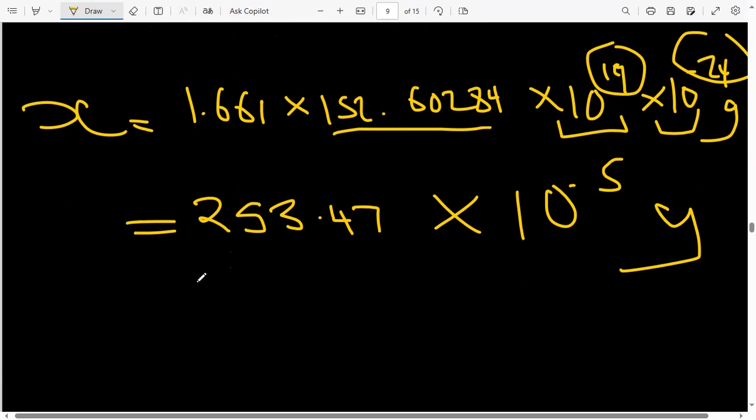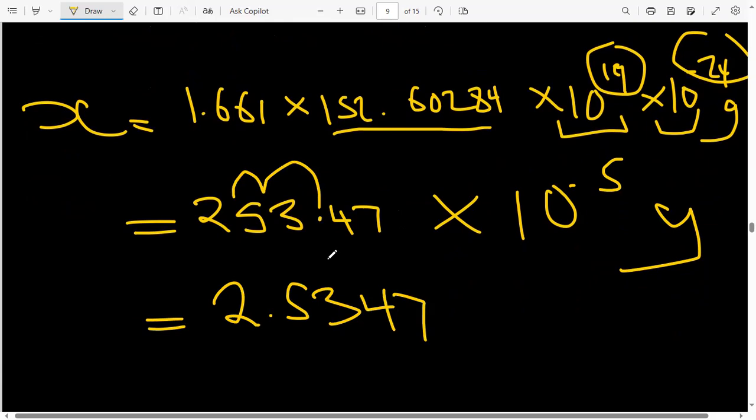Then you take this number to scientific notation. Remember, in scientific notation, the number must be greater than 1 but less than 10. So we are moving this decimal place from here, moving it 1, 2. So this will be 2.5347 multiplied by 10 to the power... how many places have I moved?